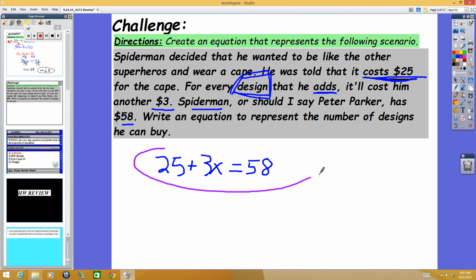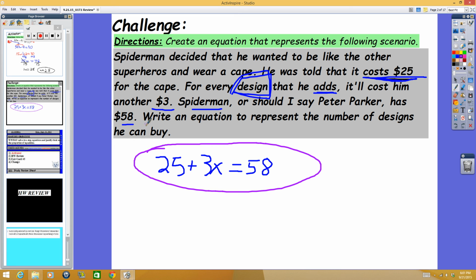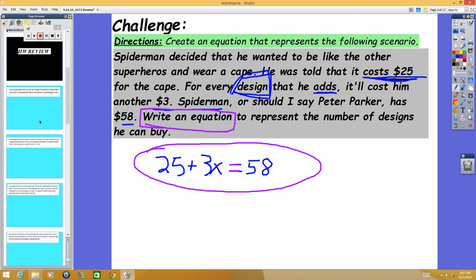There will be times where you have to solve these equations also, which kind of takes it back to this, except this one's way harder. But be careful. Just read what it asks you to do. Write an equation. This is an equation because there's an equal sign. Done.